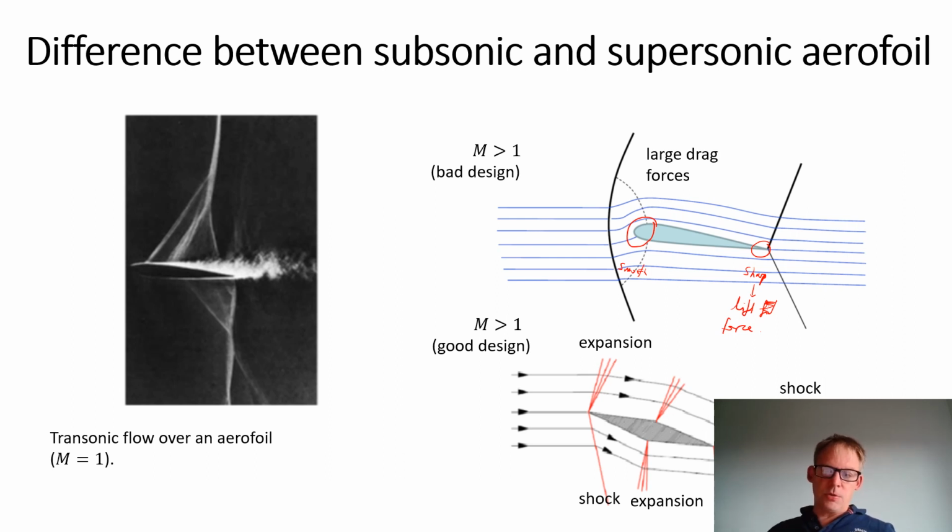Now, if you do take the aerofoil that runs at subsonic flows and run it close to sonic conditions, in fact this probably has a Mach number of about 0.97, then the flow is slightly faster upstream, and so what you will end up with is shock formation.